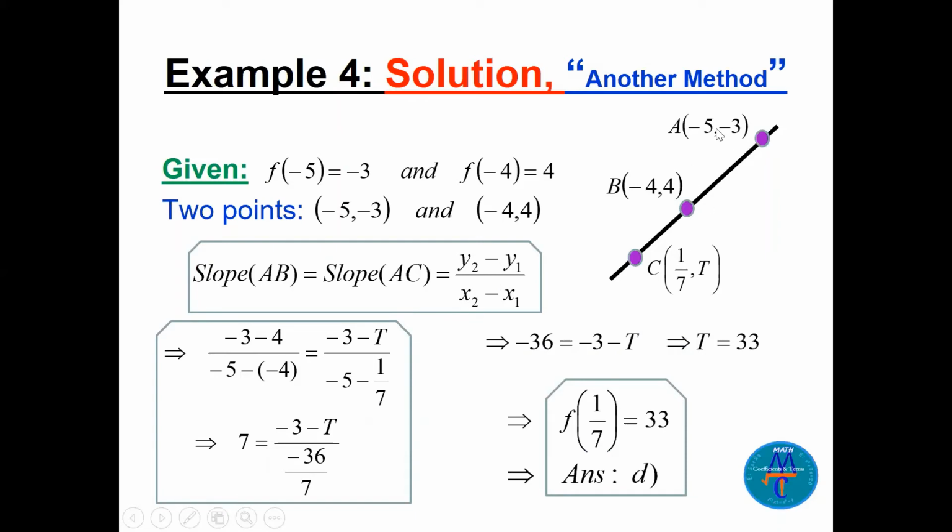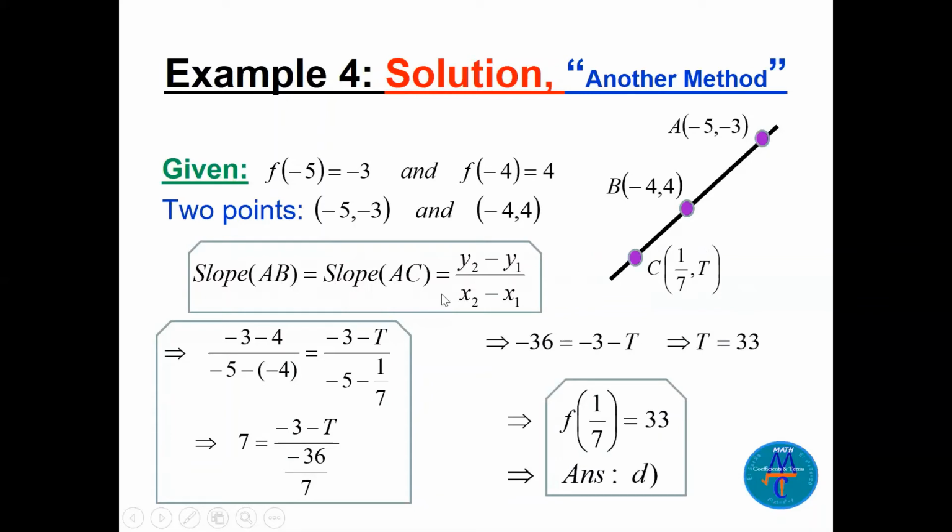I know this point, (minus 5, minus 3) on the line, another point, (minus 4, 4) on the line. Let's make another point, C, (1 over 7, T). This is the image, this is the y. So we know 3 points, A, B, C on the line, so I can find 2 slopes which are the same, AB and AC, or AB and BC, because the 3 points lie on the line.